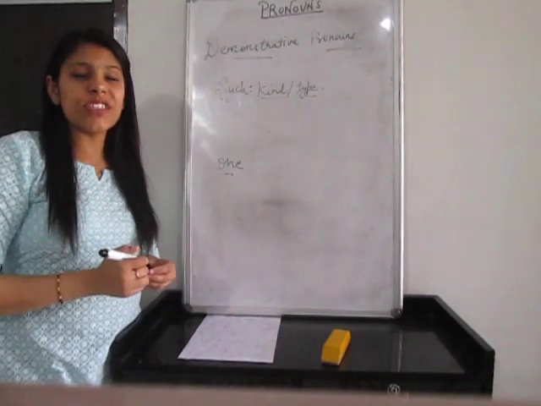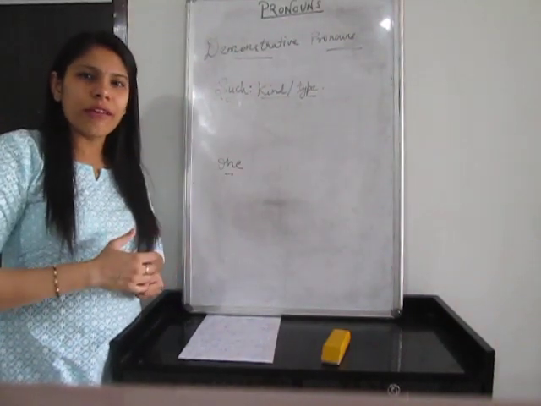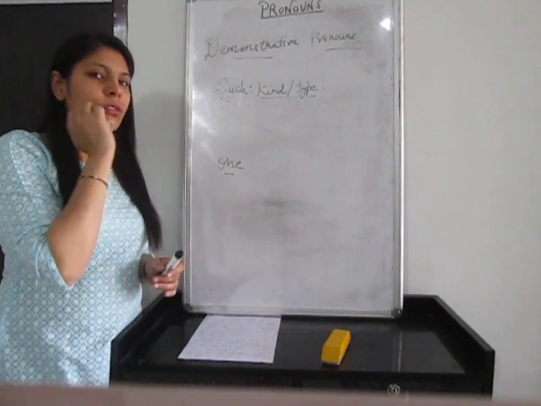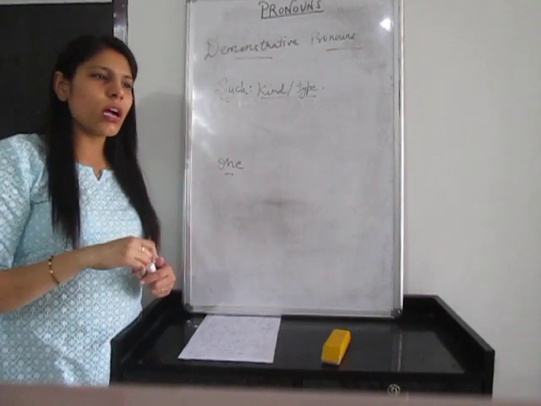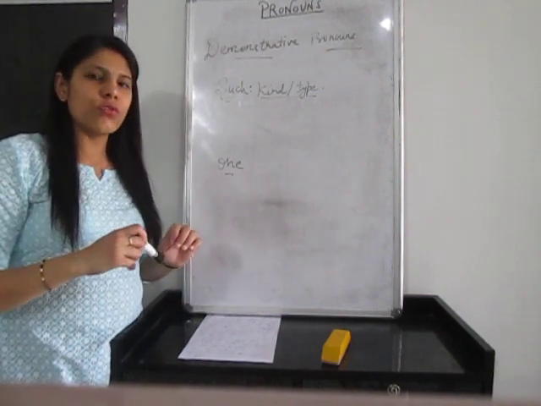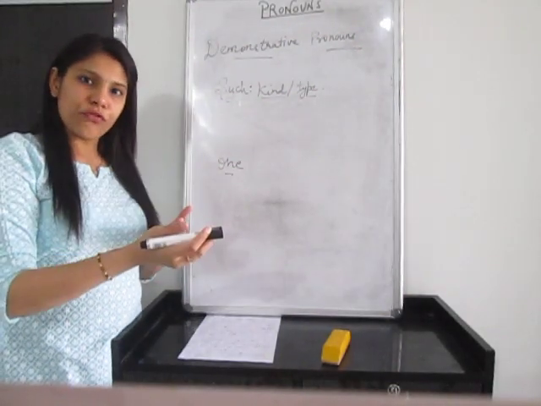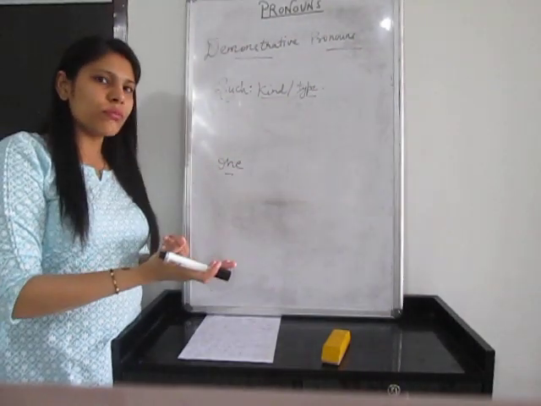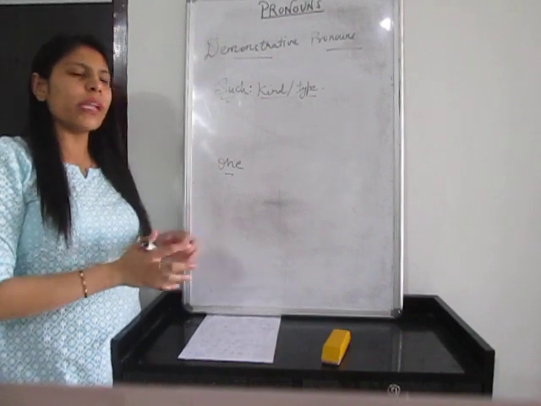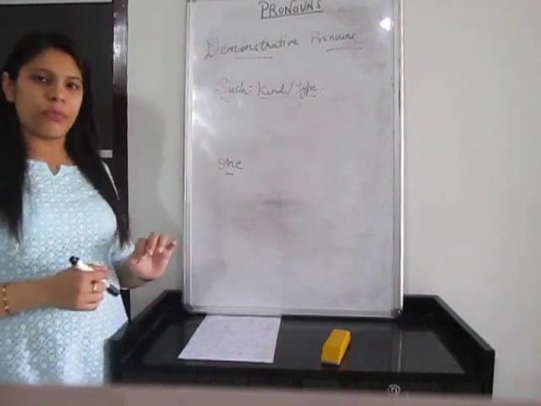We say, look at him, such a liar. Or look at those students, such foolish behavior they are doing in class. So we are referring to someone or something, and pointing it out, but we are talking about kind and type.